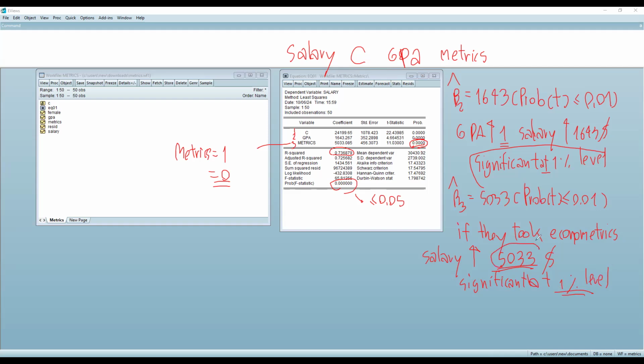This is true. After you finish this class, your salary must increase by this amount, 5,000 per year.